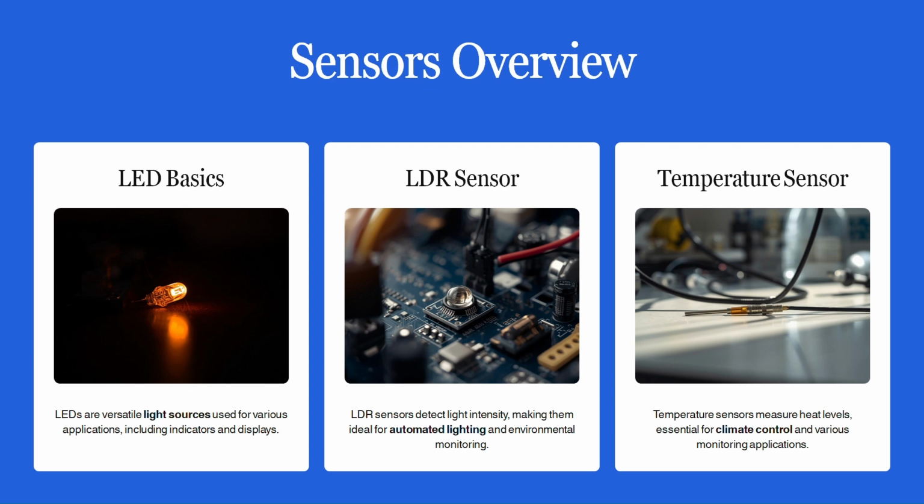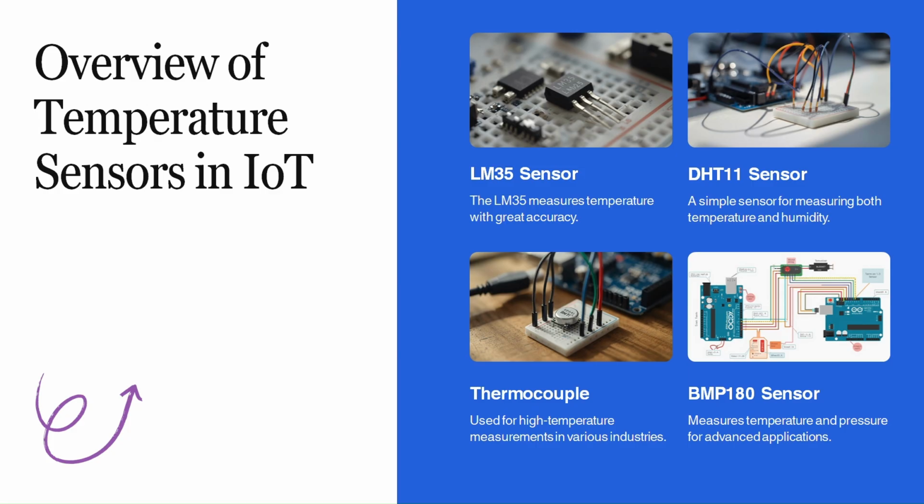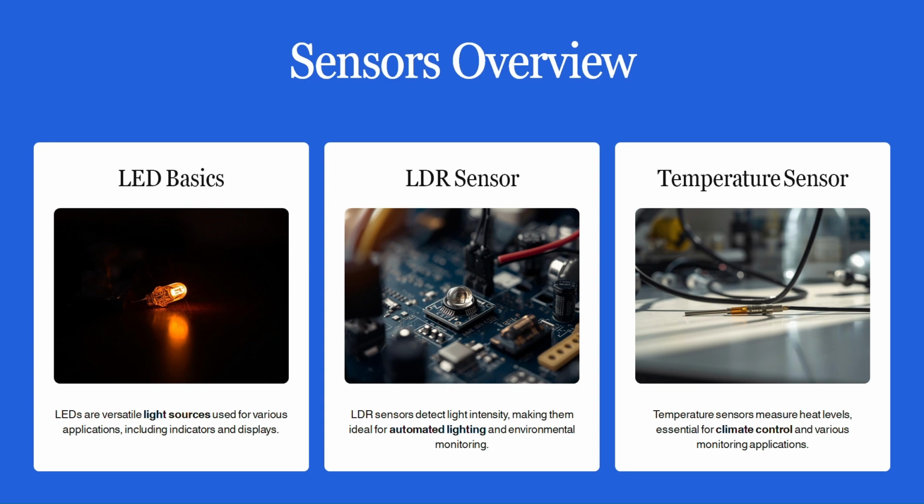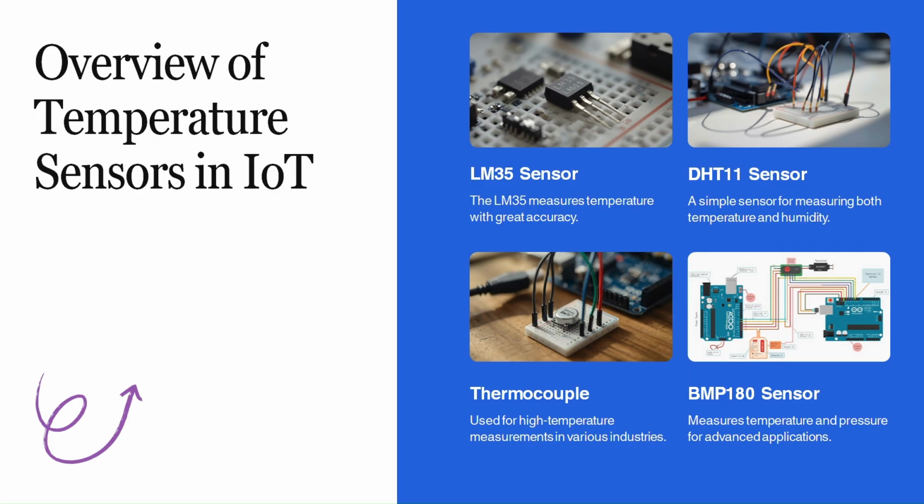Third is the temperature sensor, which measures heat level, essential for climate control and various monitoring applications. This overview is not strictly necessary, but for brief information we should know what kinds of temperature sensors are available in the market.